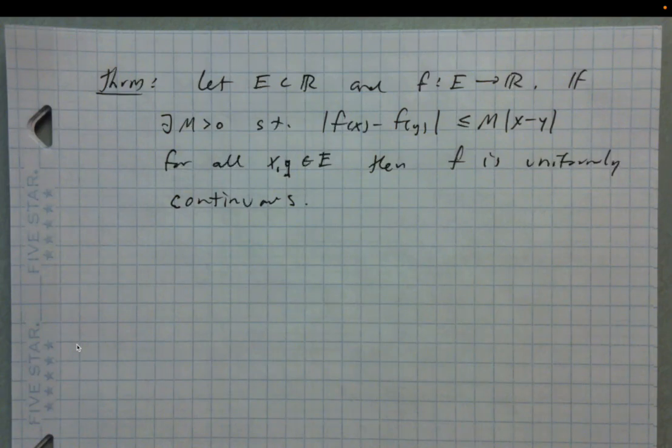But we did say earlier that you may be able to find examples of uniformly continuous functions that don't meet this criteria, right? And if that's the case, if a function f does not satisfy the Lipschitz condition on E, then determining whether or not it's uniformly continuous on E is way more difficult, right?